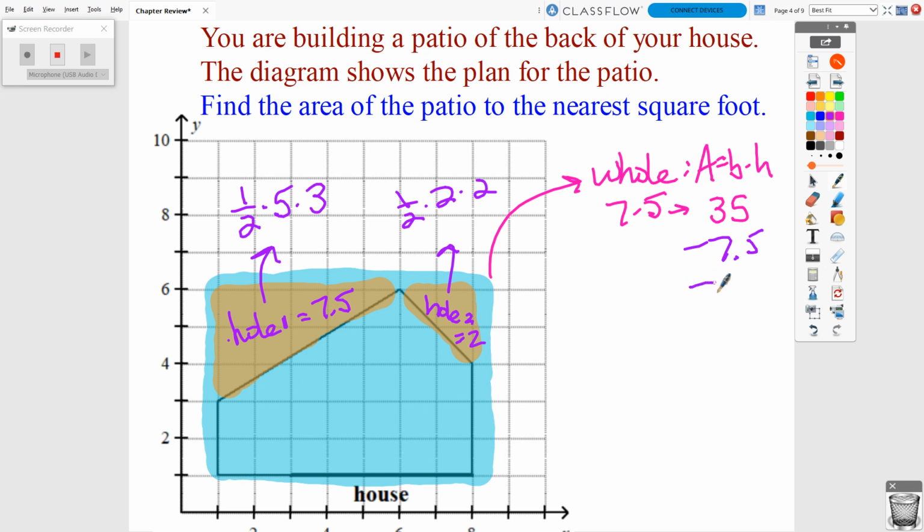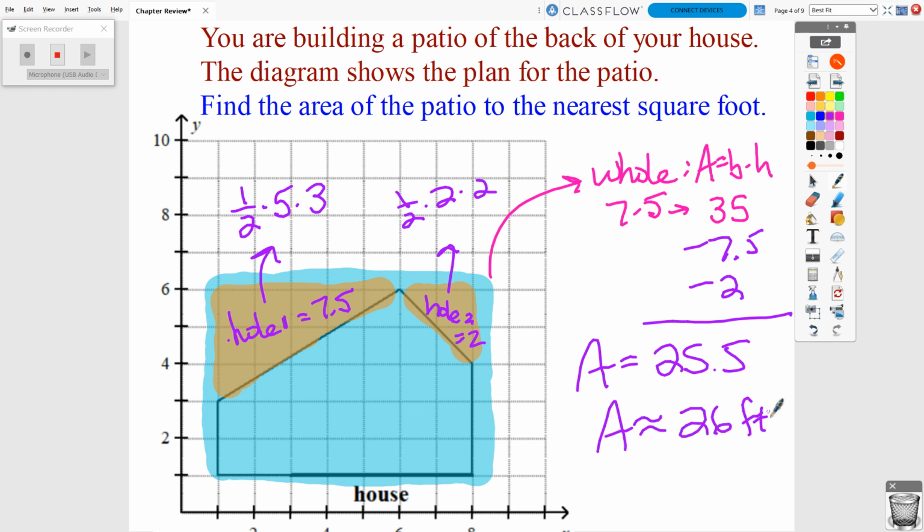So I need to subtract away also a 2. So 35 minus 7.5 minus 2, we're really subtracting away 9.5, which gives me the same area of 25.5, which again to the nearest square foot would round up to 26. So again, there's two different ways that you could find the area of that particular shape.